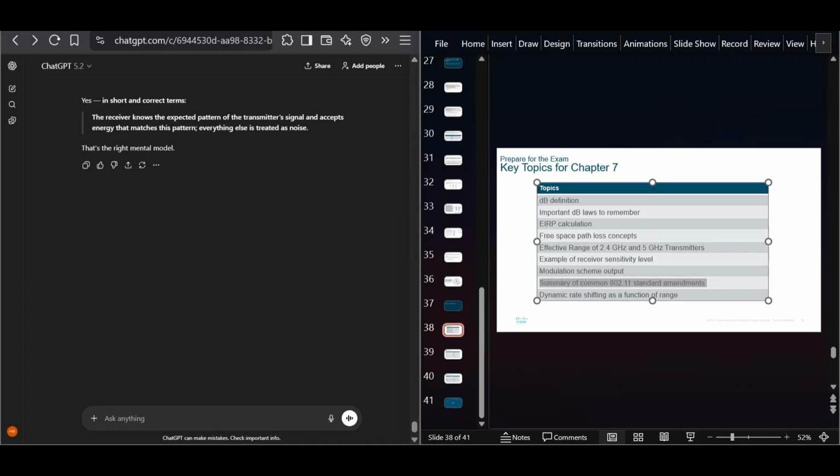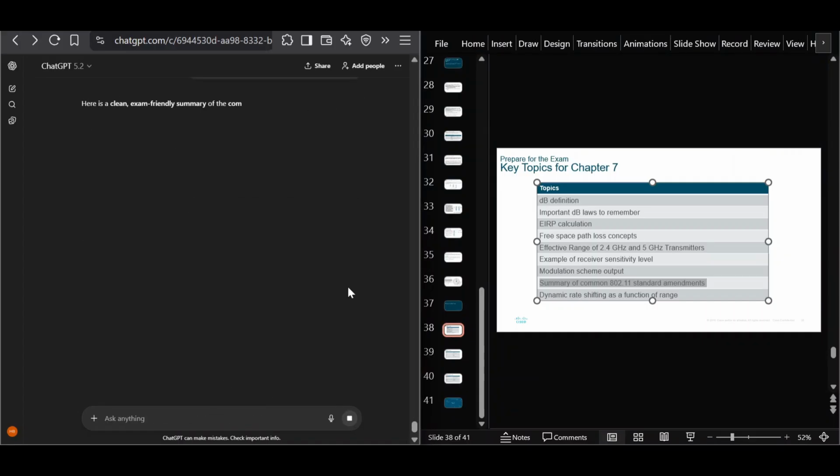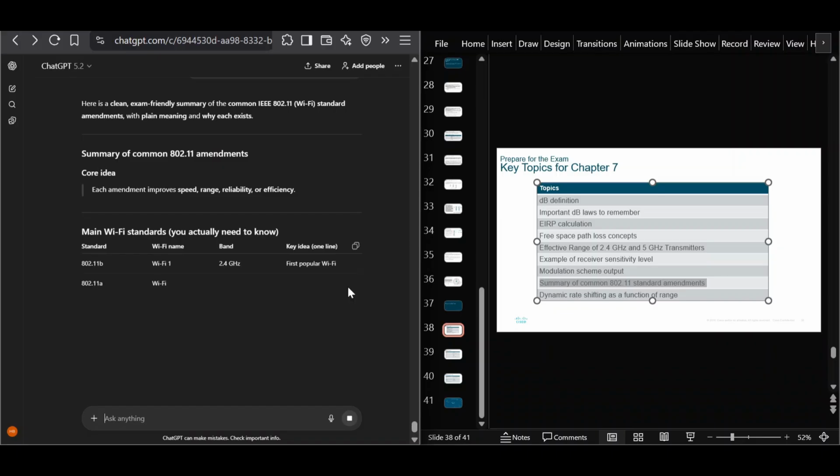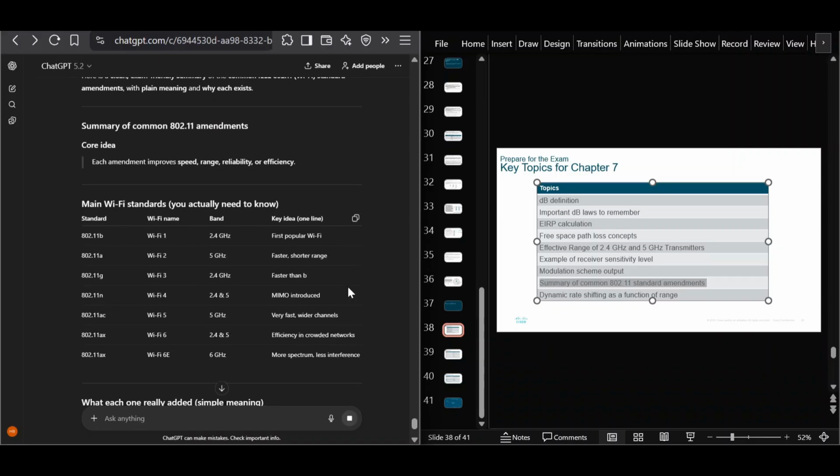Summary of the standards. Each amendment improves speed. Wi-Fi 1, Wi-Fi 2, faster, shorter, up to Wi-Fi 11.